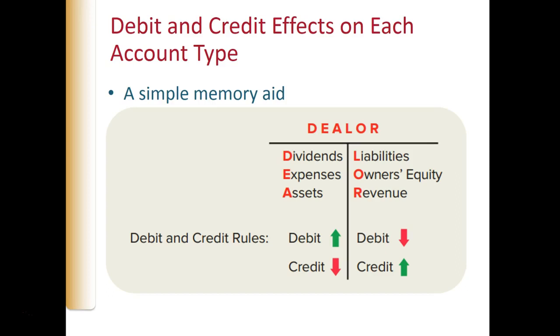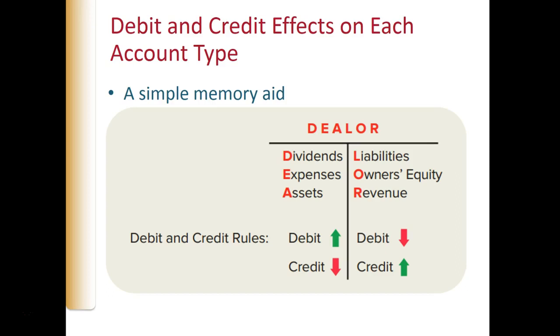But the LOR, liabilities, owner's equity, and revenue, have normal credit balances, which means to increase liabilities, owner's equity, and revenue, we credit it. To decrease liabilities, owner's equity, or revenue, we debit it. Give yourself a cheat sheet until it starts making sense.